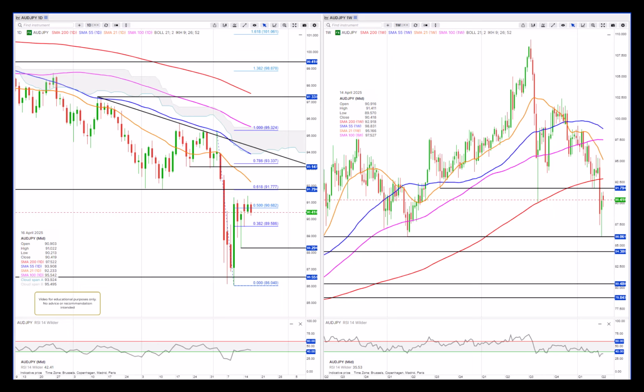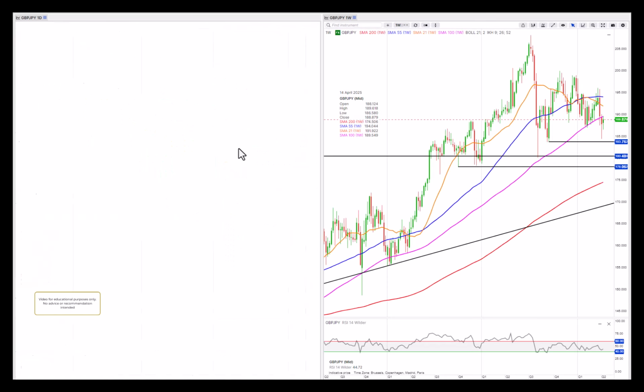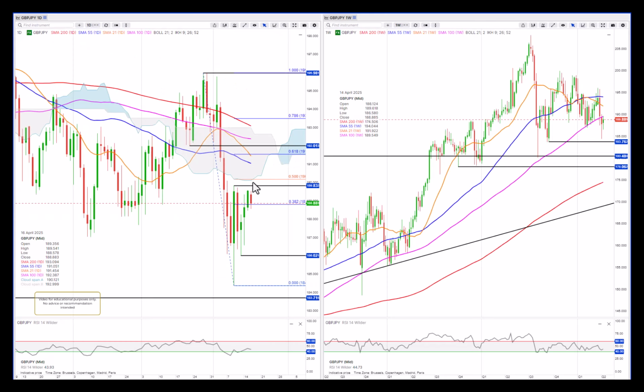Sterling yen, resistance at 189.85. It could spike above, but I think we are about to push lower. Negative sentiment on the RSI, no divergence as it seems, indicating lower levels.